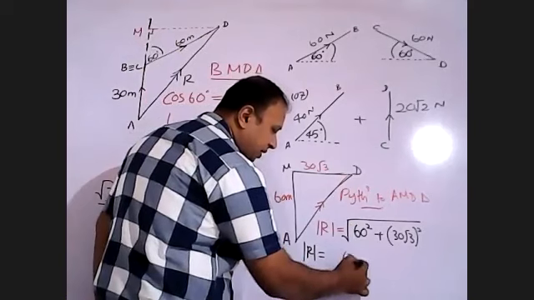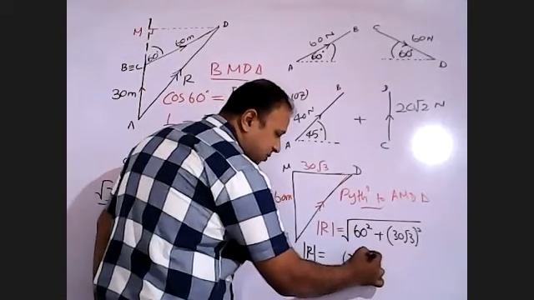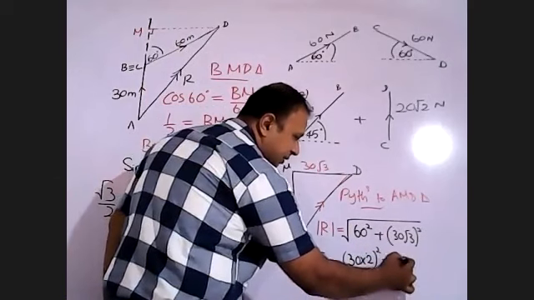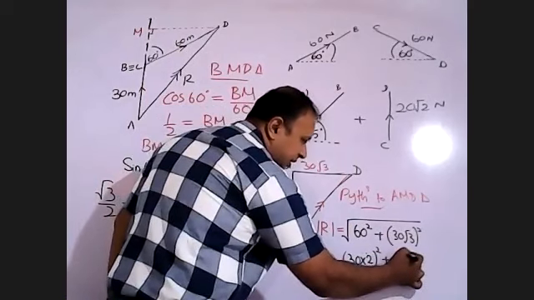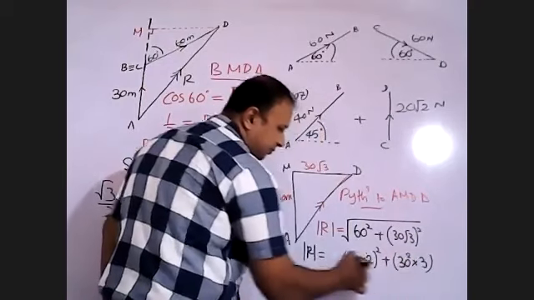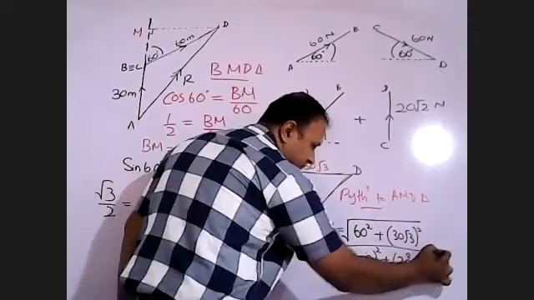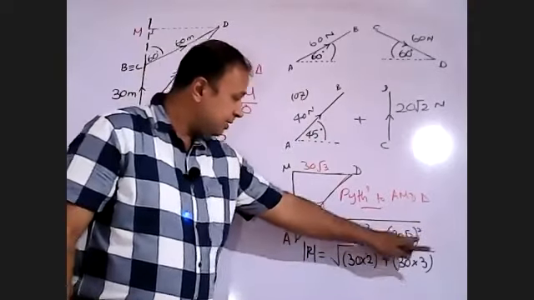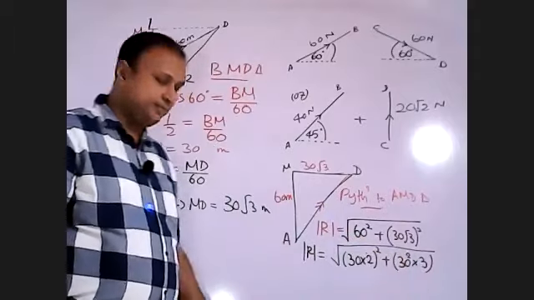So I can write this as 30 times 2 squared plus 30 squared times 3, since root 3 squared means 3.